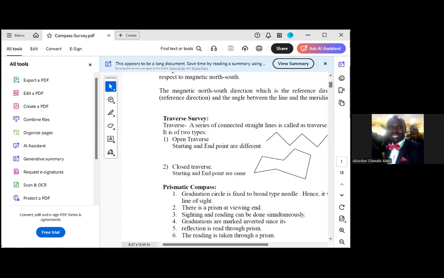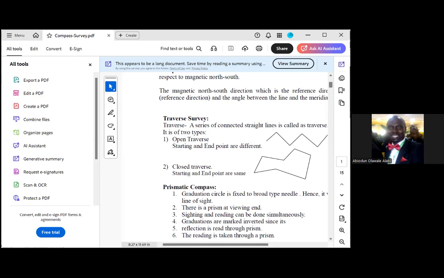Now I also talked about accuracy and precision. I told you that accuracy is the degree of nearness of a measured quantity to its true value. But since we don't actually have the true value, the right words to say are its most probable value.